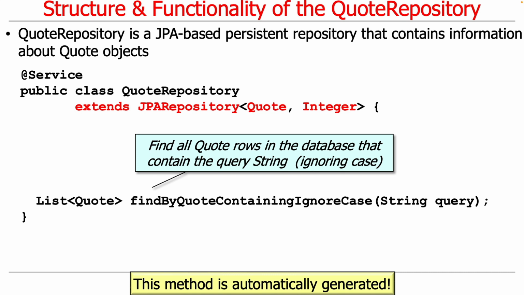So what we're doing here, we're saying find by quote. Quote is the second field. You have ID followed by quote. That's the actual string. Find by quote that contains this query and ignore the case. So super powerful. When your needs match what the JPA and IntelliJ do for you, it is a wonderful world of happiness and flowers and rainbows and unicorns and so on, because there's very little, if anything, you have to do.